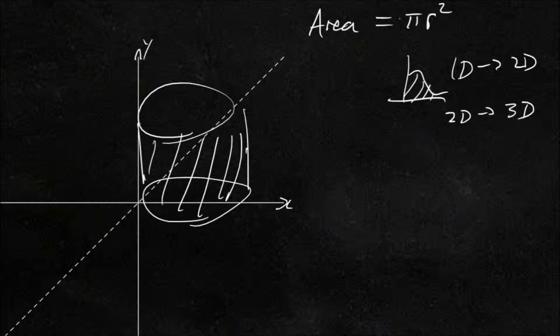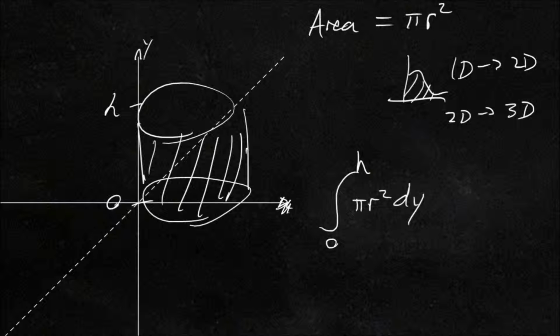So if we integrate our area, so we integrate from, say, 0 on the y-axis to our height, and we'll call it h. So that's pi r squared from 0 to h. But we're looking at the y-axis here, not x. So it's not dx, it's dy.